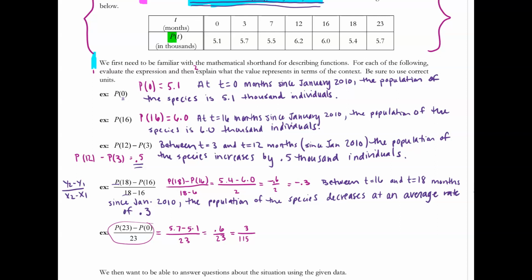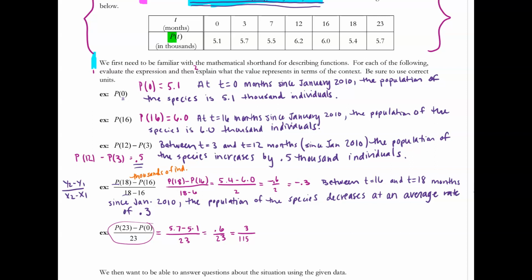Now we've got to have our units. If you look at the example, the units on top, that's measured in thousands of individuals in that species. We've been saying thousands of individuals. I know the prompt never used the word individuals.